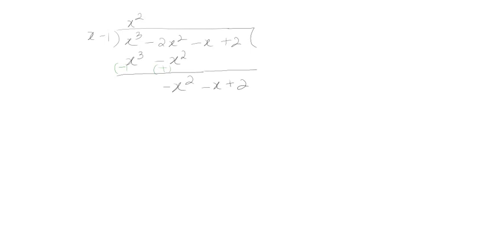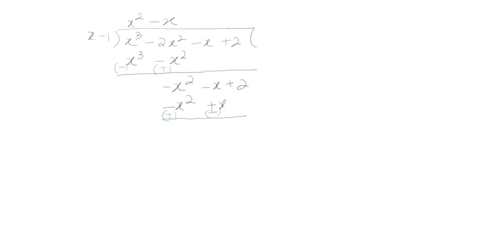Now x has to be made equal to x square. So we have to multiply by minus x. So minus x into x is minus x square. Minus x into minus 1 is plus x. So again the signs will change. This will become plus and this will become minus.